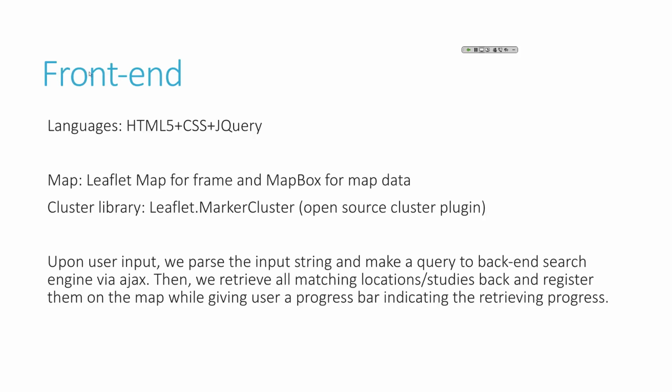We use the Leaflet map API and Mapbox for the metadata, and we use the cluster library as well. We pass the input string and send the query to the backend search engine via Ajax, and we retrieve all the matching locations in a dynamic manner. And we show a progress bar indicating the progress.